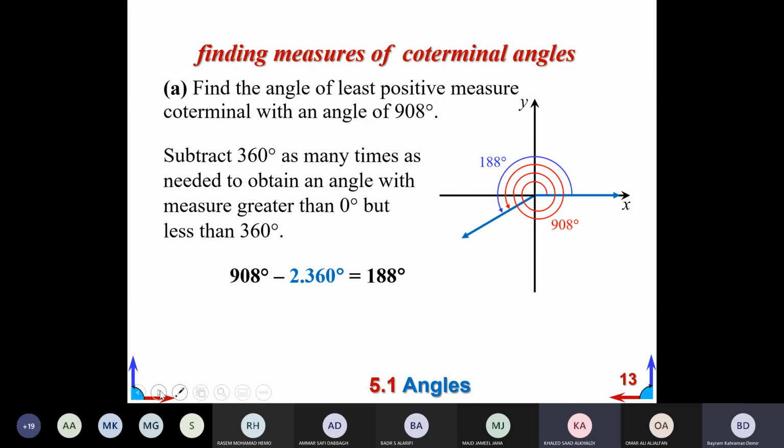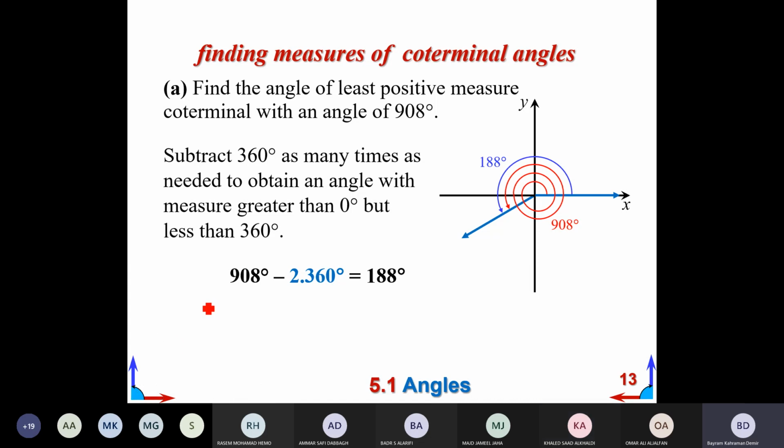And when do we add 360? Well, if you'd like to find bigger, larger angles. Here the angle is 908. If I add 360, how do I know if it's more than 360? If you add 360, Shabab, right?